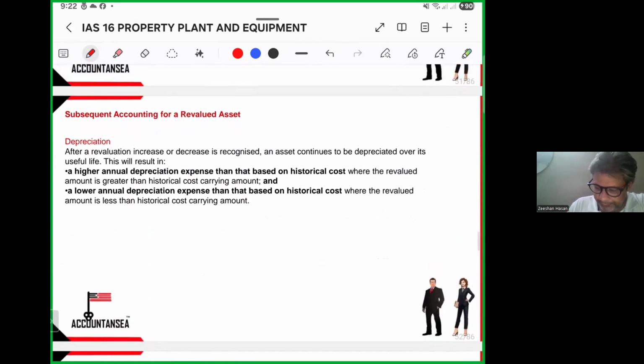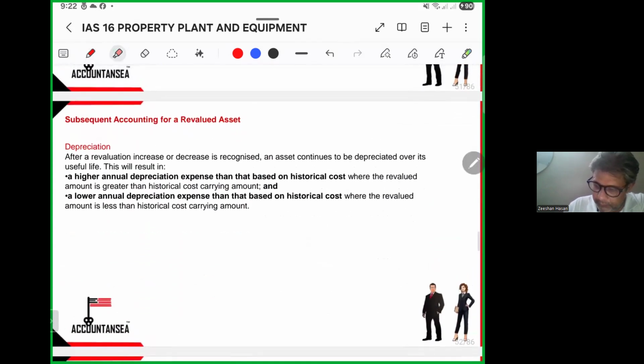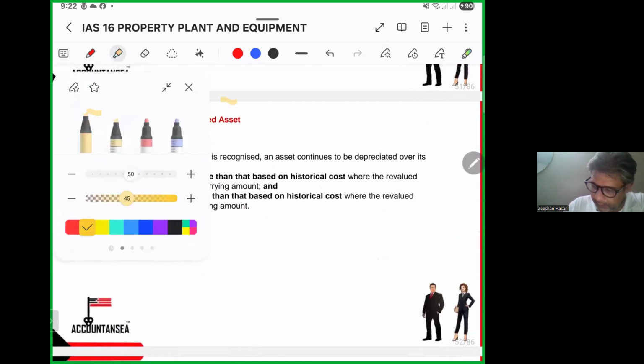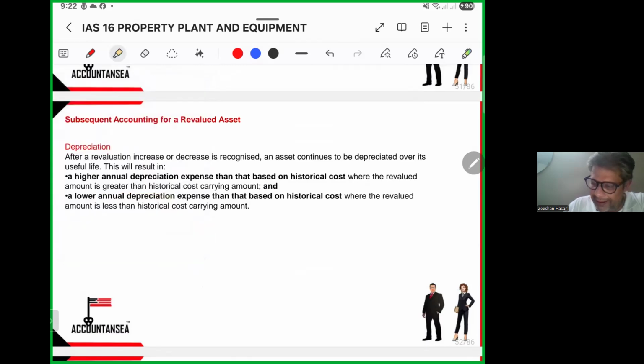Now, subsequent accounting for the revalued asset. After the revaluation increase or decrease is recognized, an asset continues to be depreciated over its useful life.